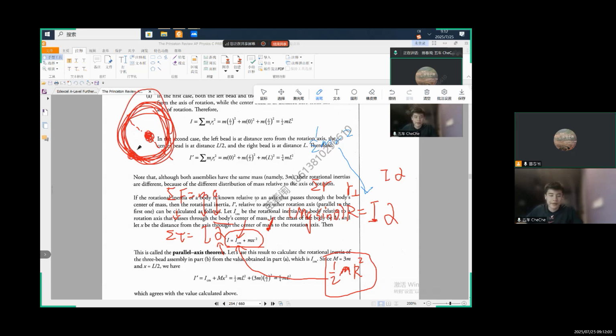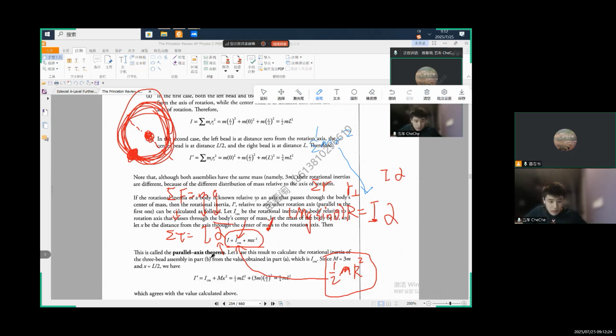But now, since we're choosing the pivot as this one, we're using the parallel axis theorem. Does that make sense? Oh, wait, no, I actually didn't do that because I was doing it around the center. Okay, let me write that down. Yeah, so that's why I got that mixed up with the translational law, the mg sine one.